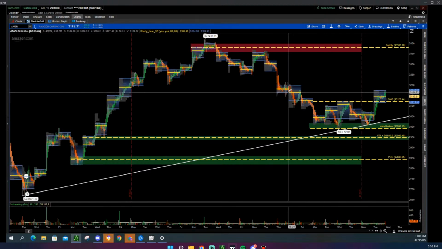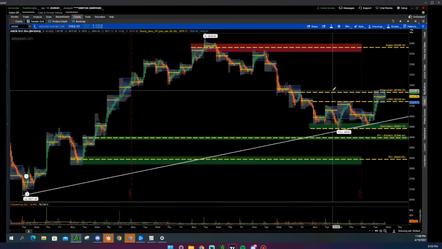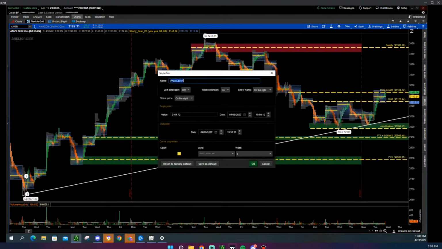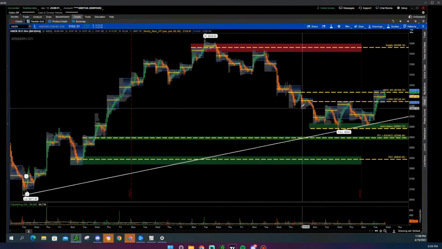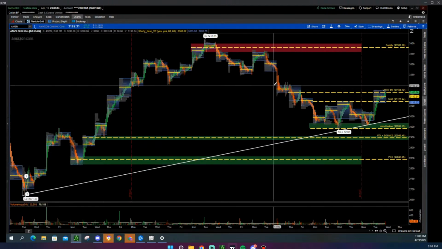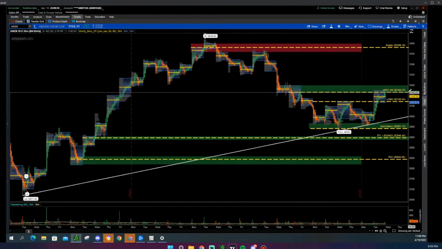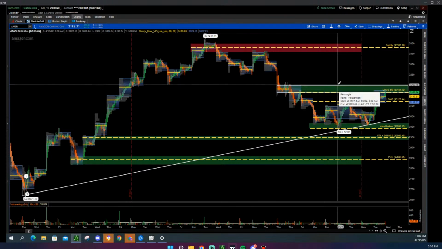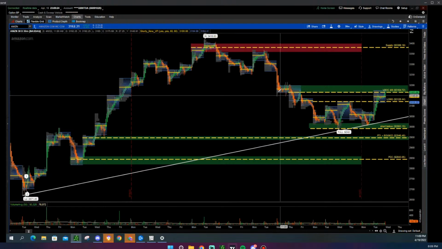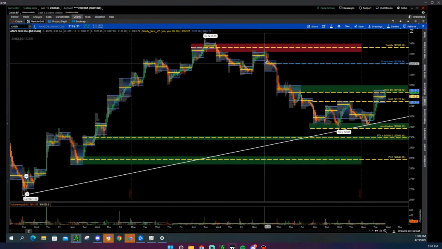Where did it reject? You guys see how these two zones are identical? Yeah. So next level is 3,200, and then we have a VPOC right here.